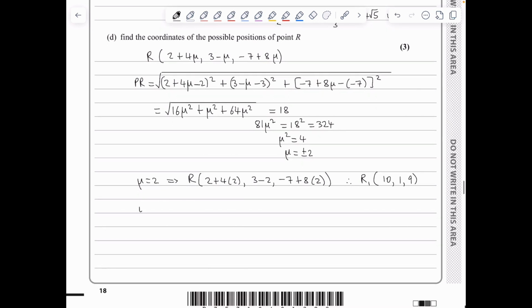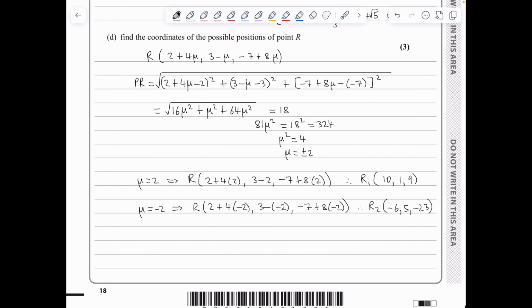Whereas for mu being equal to negative 2, I'll just repeat the process, this time substituting mu is negative 2 to get 2 plus 4 times negative 2, 3 minus the negative 2, minus 7 plus 8 times the negative 2, and therefore the second possible position for the point R is minus 6, 5, minus 23.